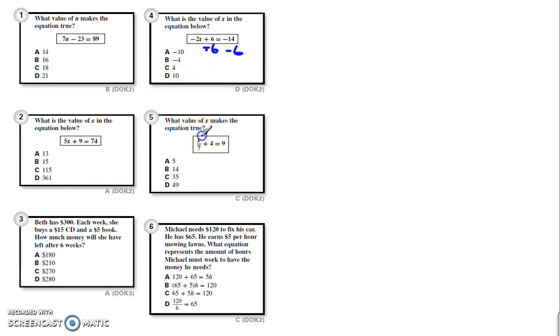Okay, and this one, remember, we keep the fraction together, subtract the 4 from each side. Okay, and then we get x over 7 equals 5, and then multiply by 7 on each side. X equals 35.